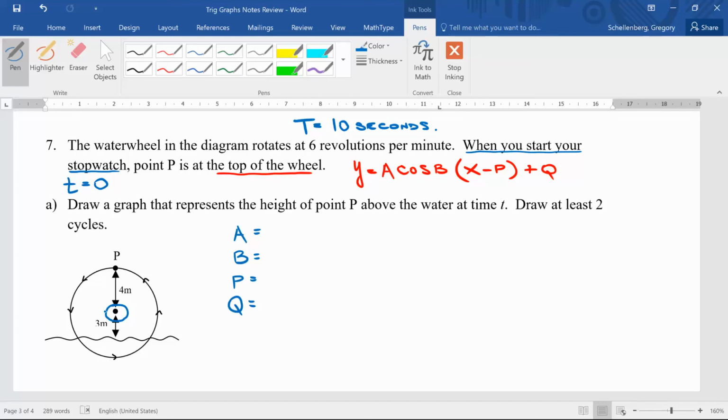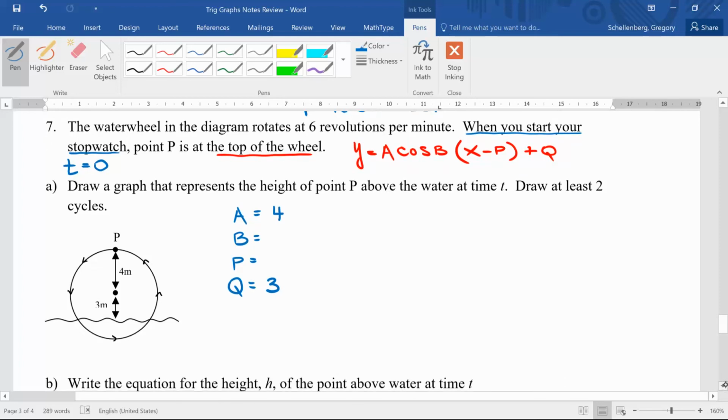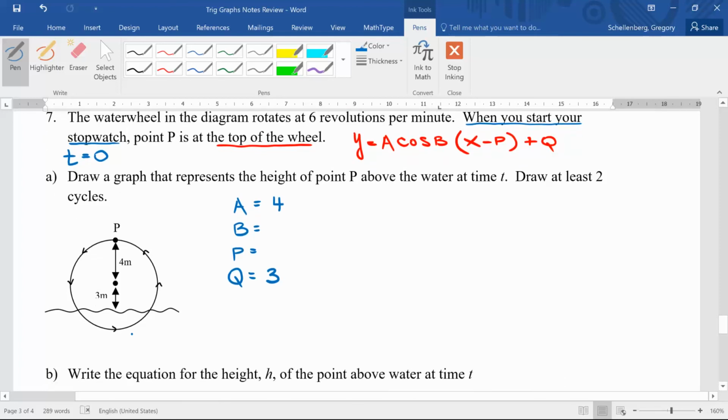That midpoint, which we are told is 3 meters above sea level, that's our Q value. So Q is going to be 3. We can see that the radius of the water wheel is 4 meters, so our amplitude is going to be 4. And that tells us that our min point is going to be below sea level, so it's going to be a negative height. So it's going to be -1 meter.